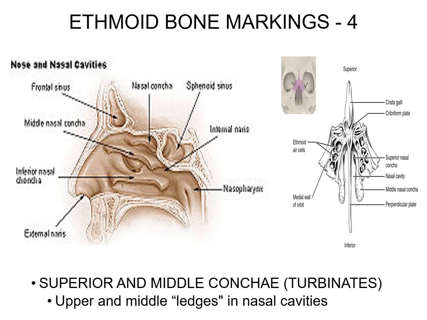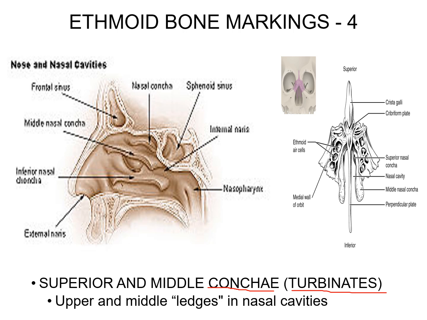So conchae and turbinates are interchangeable. They're the same thing. As I mentioned, we have superior, middle, and inferior. But only the superior and middle belong to the ethmoid bone. The inferior nasal concha, or turbinate, is its own unique special bone.